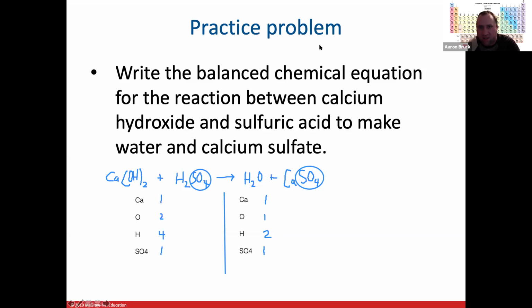But if we look at it closely, I have half as much oxygen as I need on the product side, half as much hydrogen as I need on the product side. The number I'm looking for here is a 2. I'll make this a 2, and 2 times 2 here would give me 4 to balance that out.